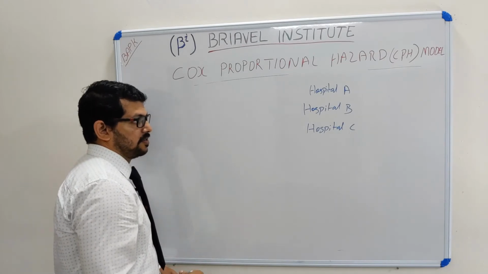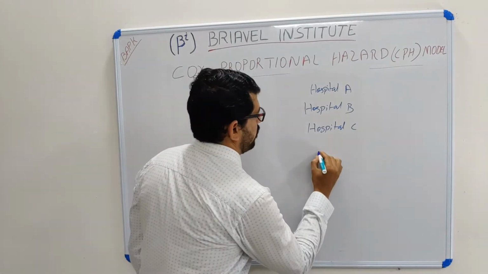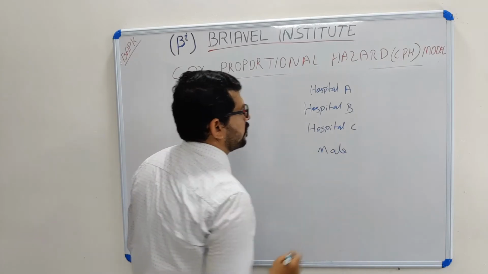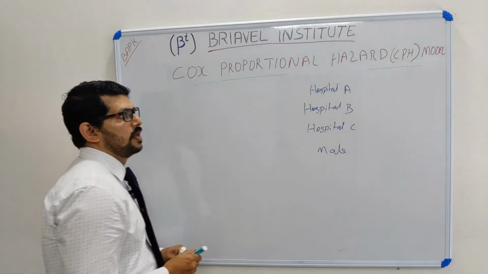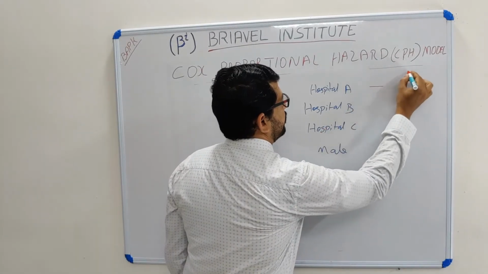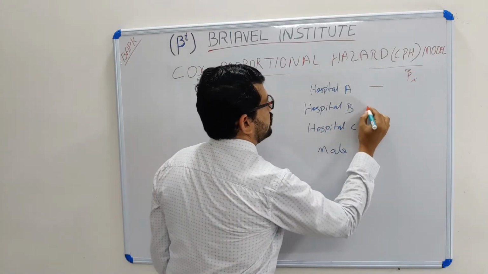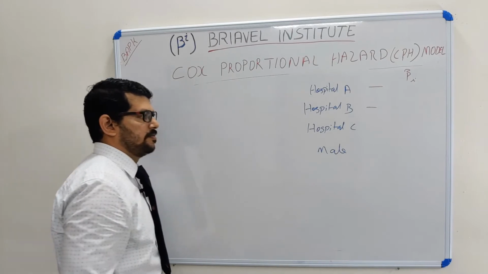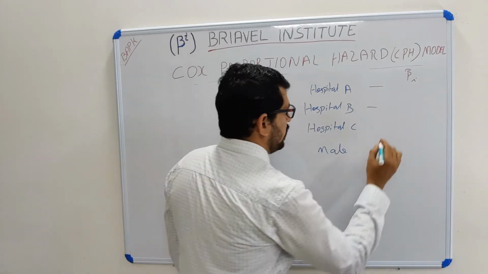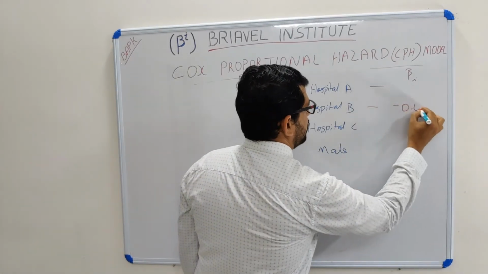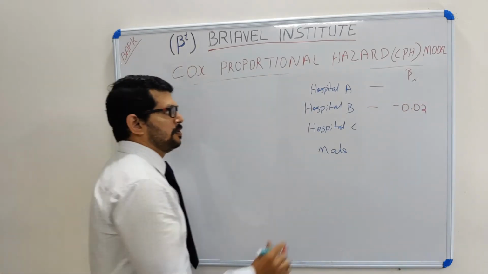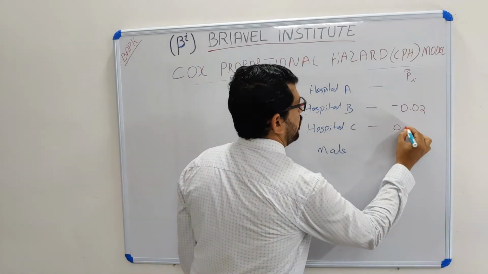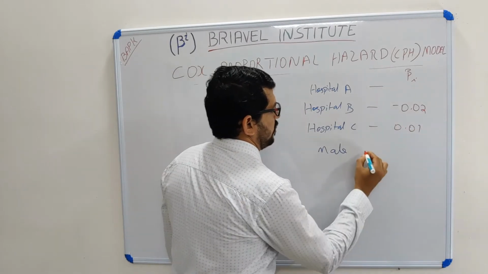So there are regression values. A regression value is given for each hospital. For hospital A there is no regression value. For hospital B the regression value is minus 0.02, and for hospital C it is 0.01.